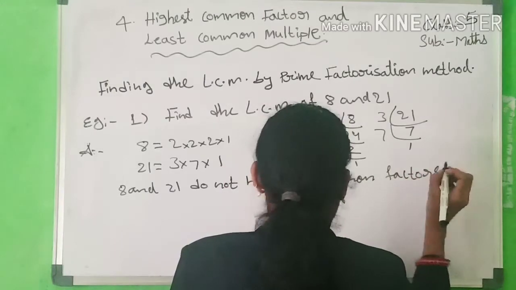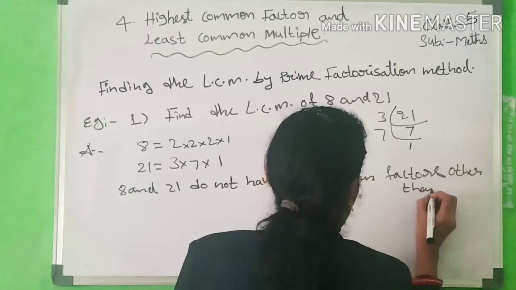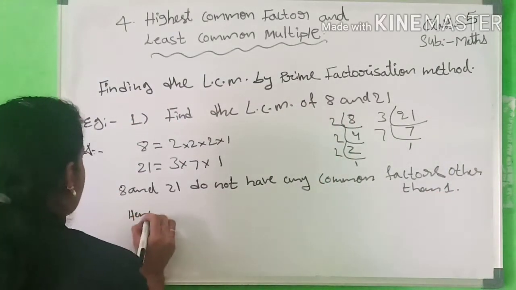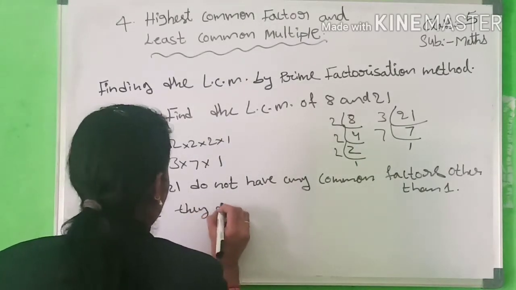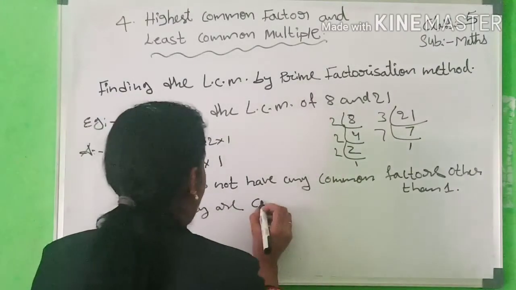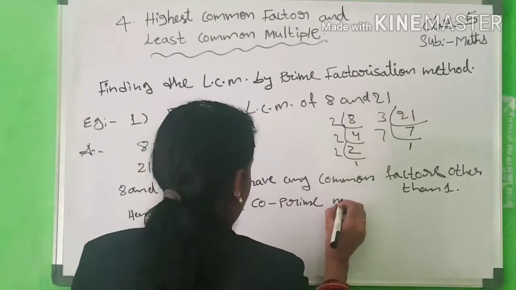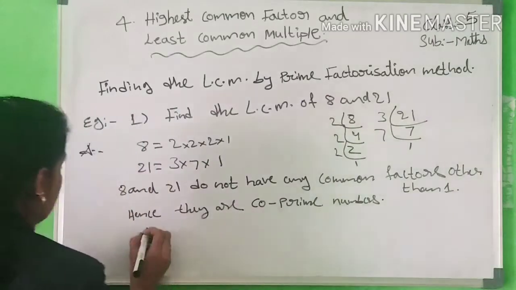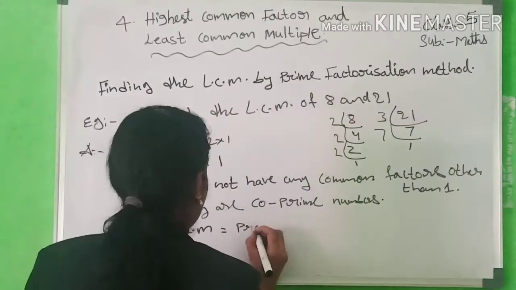Which numbers, children? Co-prime numbers. Therefore, LCM is equal to the product of the numbers.